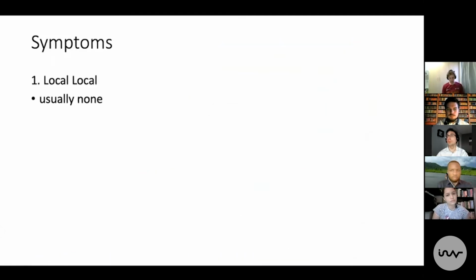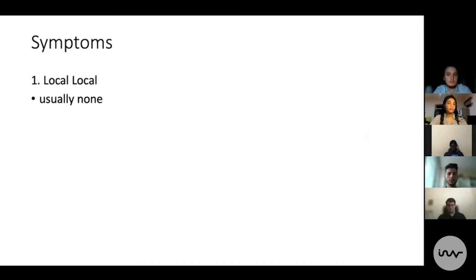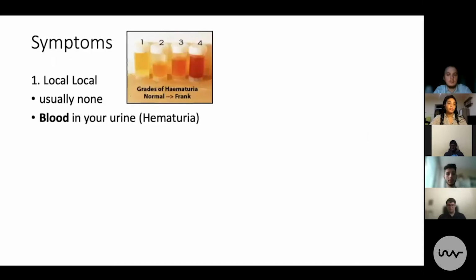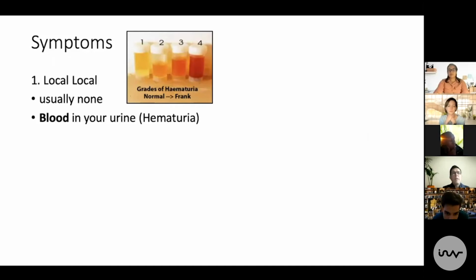Actually, renal cancer, as I mentioned, usually doesn't cause symptoms. The most typical symptom is blood in the urine. Generally, tumors tend to bleed all over the body, and blood in the sputum is alarming for lung cancer, blood in the stool is alarming for colon cancer, and blood in the urine is alarming for renal or bladder cancer.